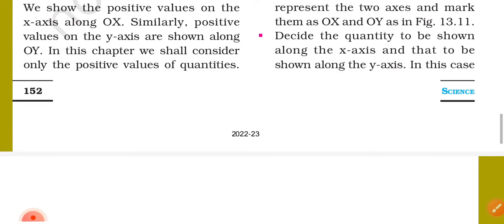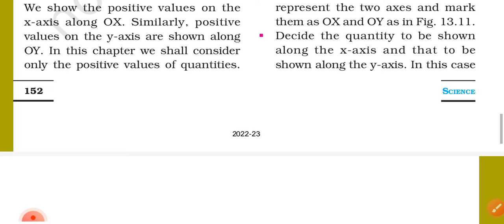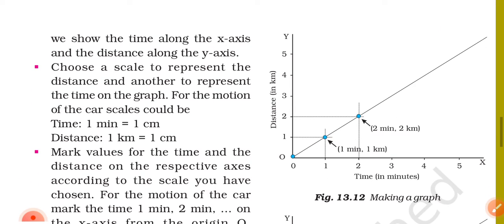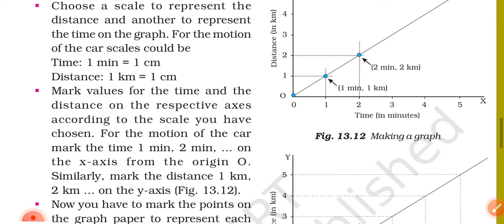Decide the quantities to be shown along the x-axis and along the y-axis. In this case, we show the time along the x-axis and the distance along the y-axis. Choose a scale to represent the distance and another to represent the time on the graph. For the motion of the car, scales could be time 1 minute equal to 1 centimeter, distance 1 kilometer equal to 1 centimeter.